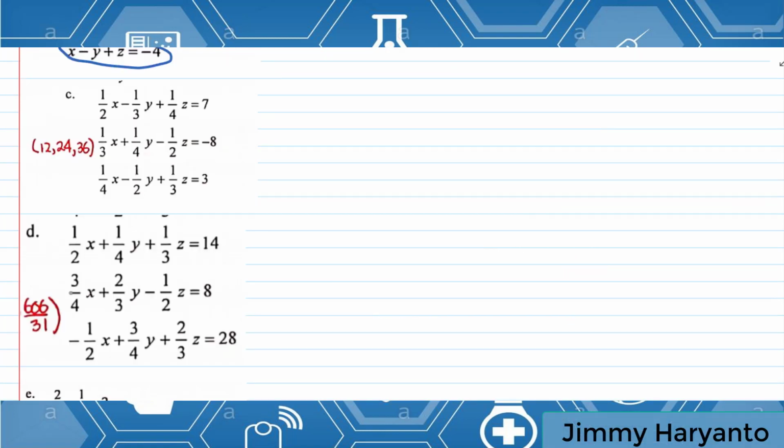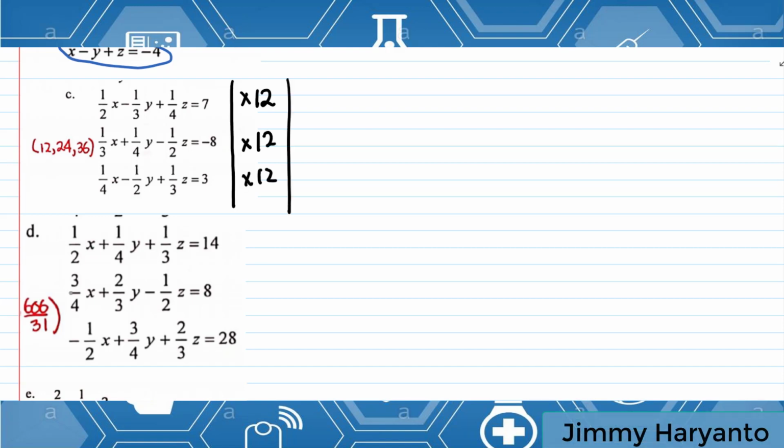Next is C. Number C, we have fractions right here, so we have to eliminate them first. For the top one, I will times it with 12 because the LCM of 2, 3 and 4 is 12. For this one, I will times it with 12 also. This one is also with 12.